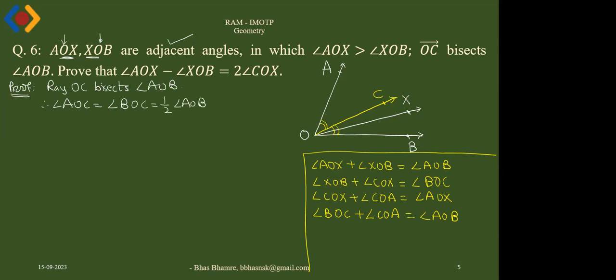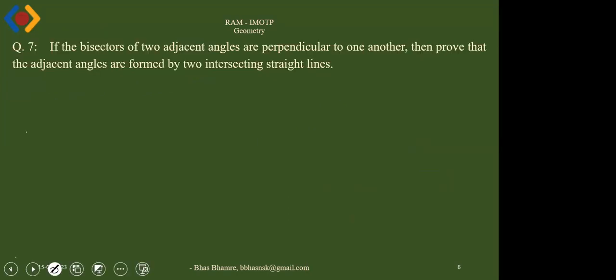Or I can say that twice of AOC, twice of BOC, is angle AOB, and I am giving it as number 1. Just to avoid confusion, I did this. Okay. Now, what can we do? We will consider the LHS.